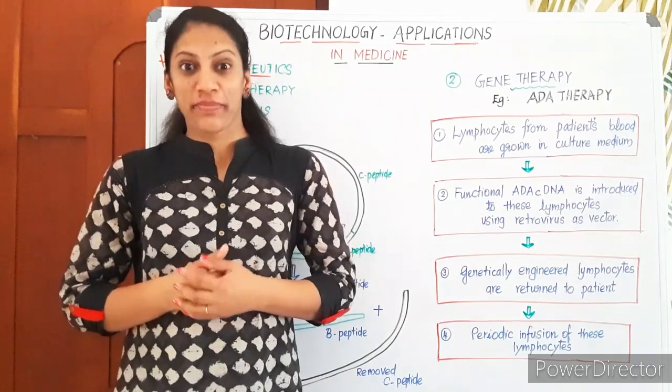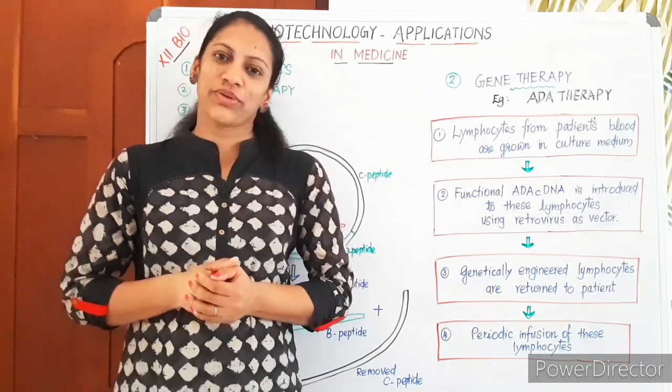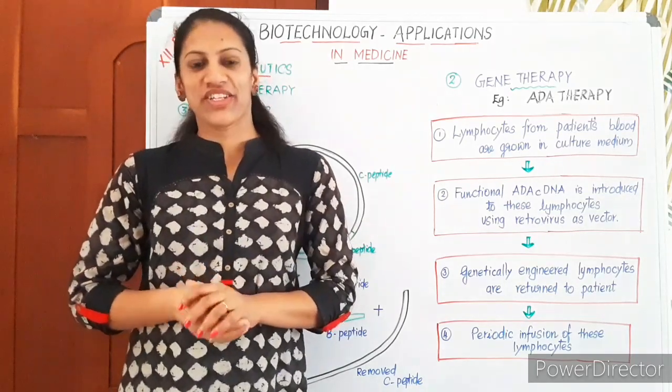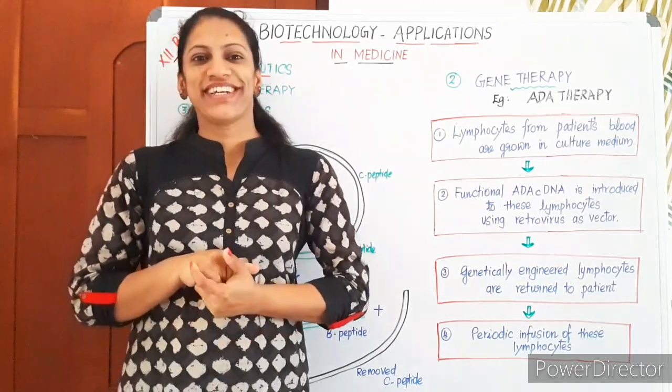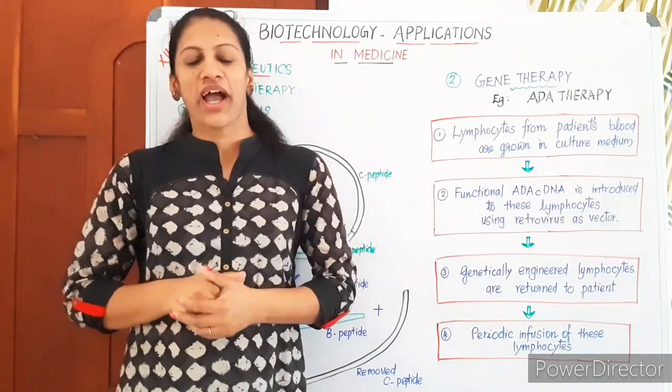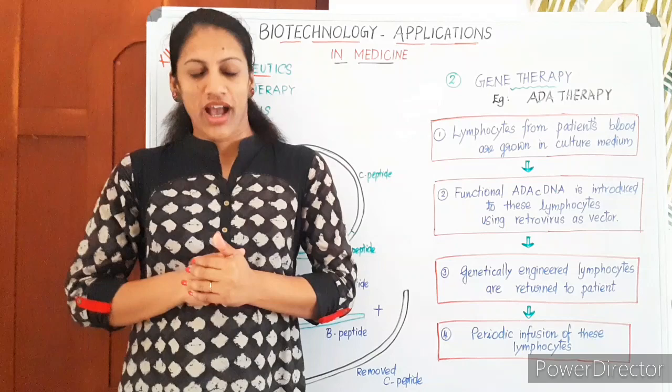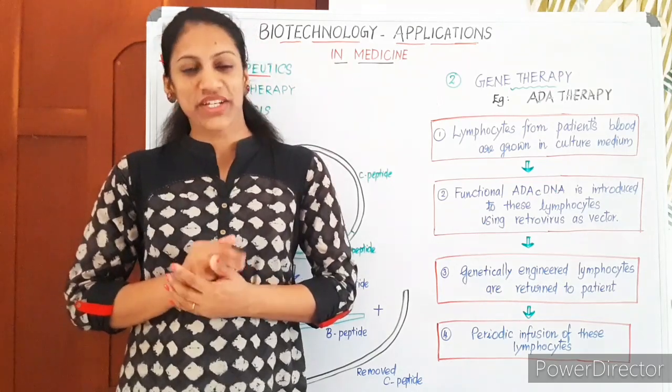Biotechnology and its applications. We had a look at the applications of biotechnology in agriculture, and today we are discussing applications of biotechnology in medicine. We are just briefing the major applications.